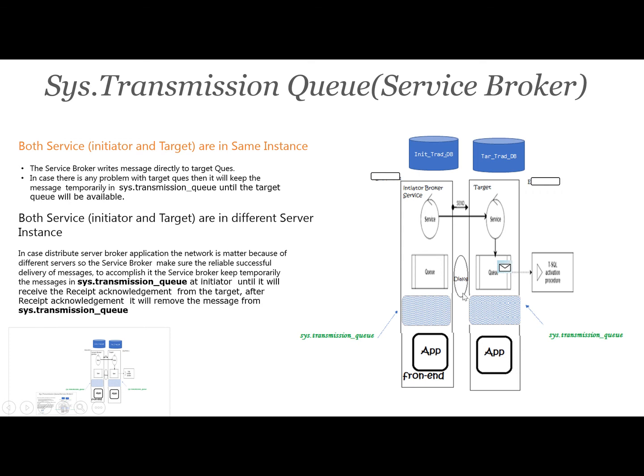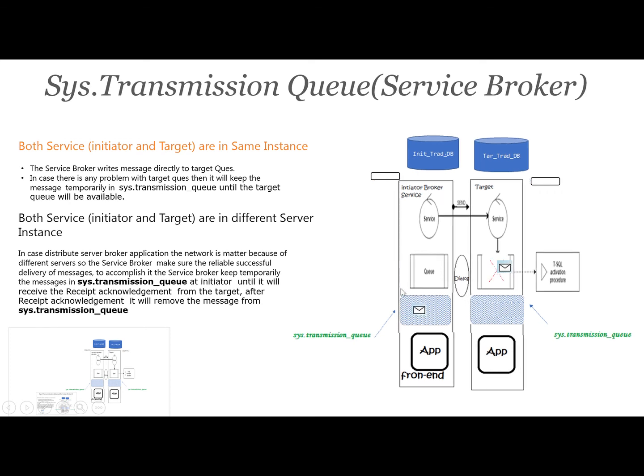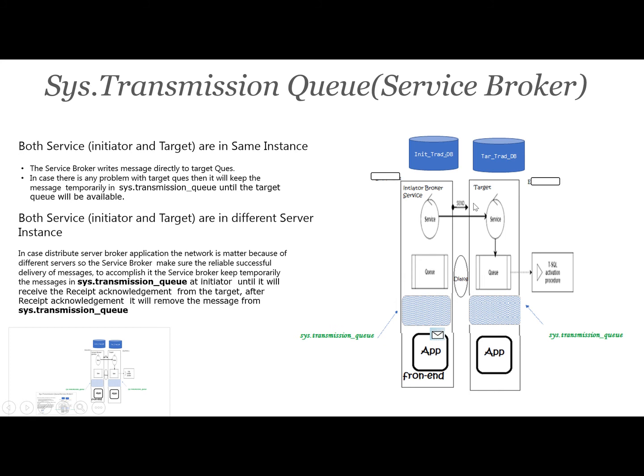But even if the target queue and initiator queue are in the same instance, there is the transmission queue, which is a temporary storage area for messages. It's optional, but it can be used in that case if the target service has some problem or the queue has some issues.